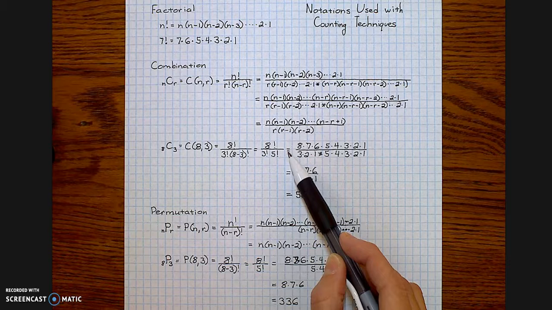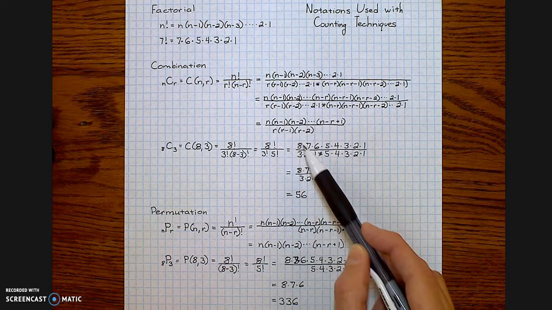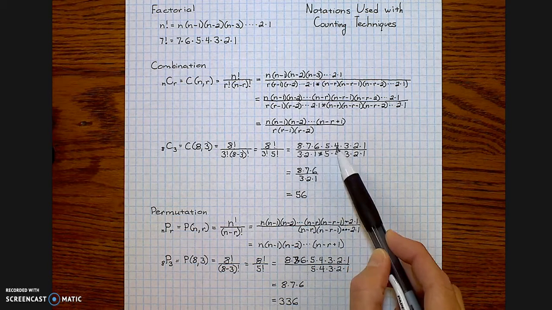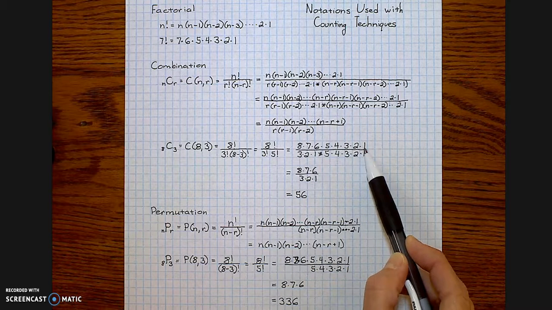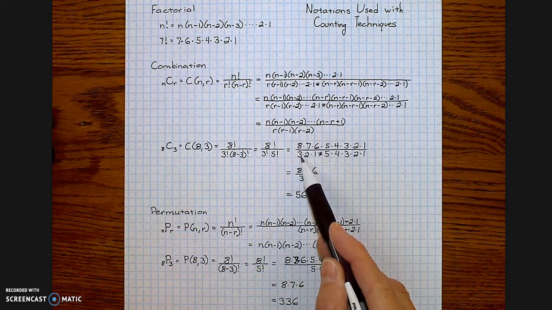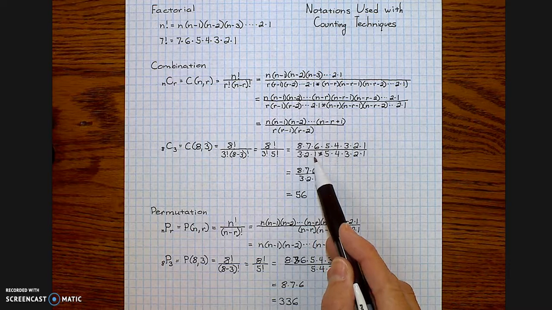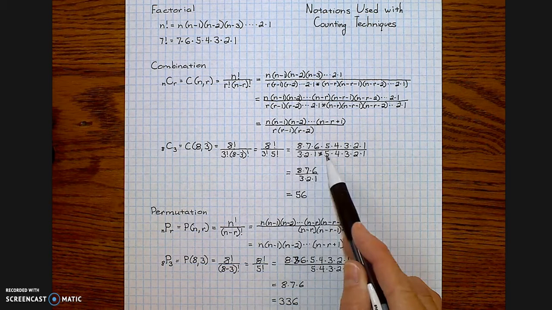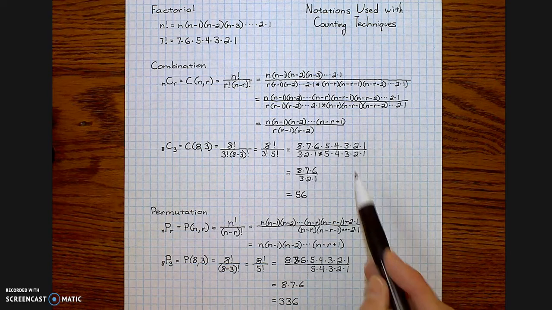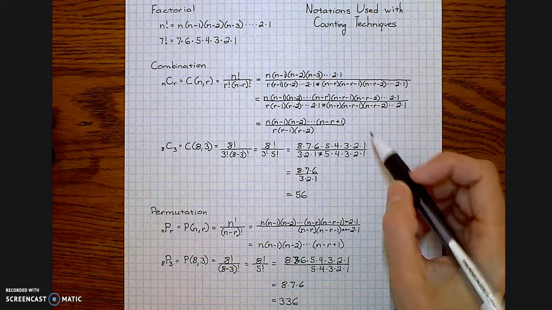If we write out the factorials and what they mean in that factorial form, it's 8 times 7 times 6 times 5 times 4 times 3 times 2 times 1. In the denominator, the 3 factorial is 3 times 2 times 1, and the 5 factorial is 5, 4, 3, 2, 1. Now I can simplify this when I'm doing it by hand.